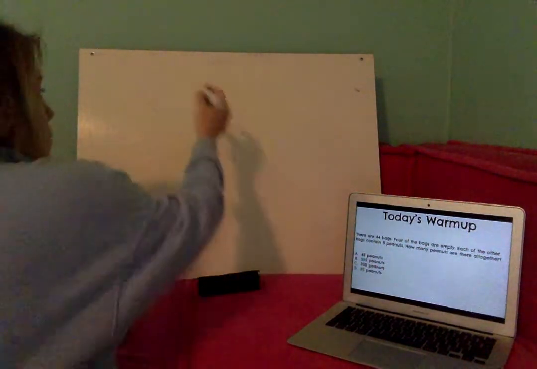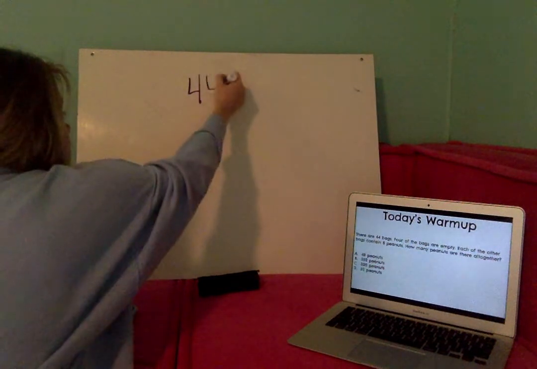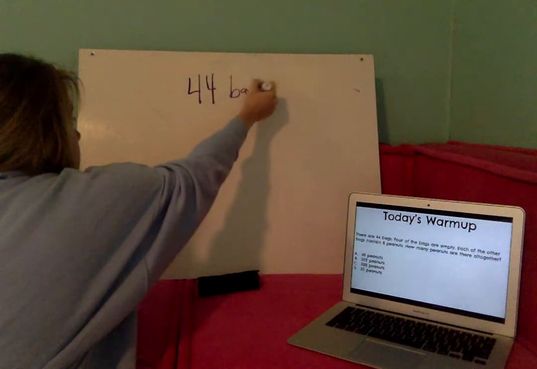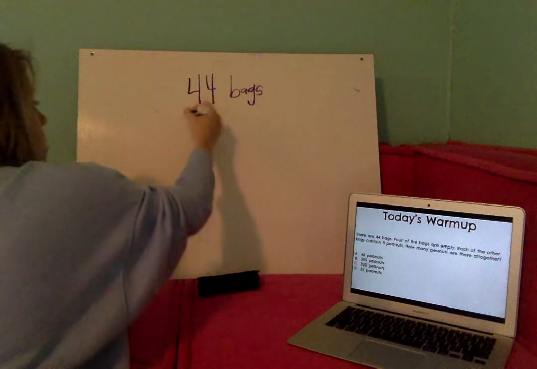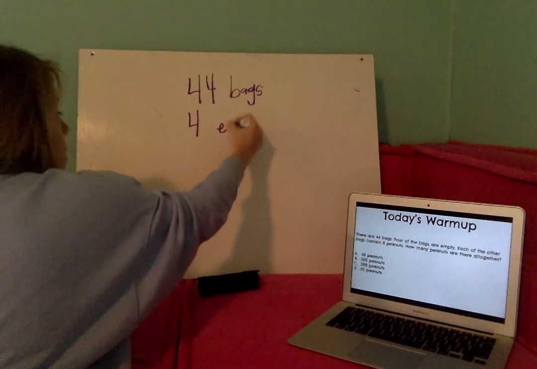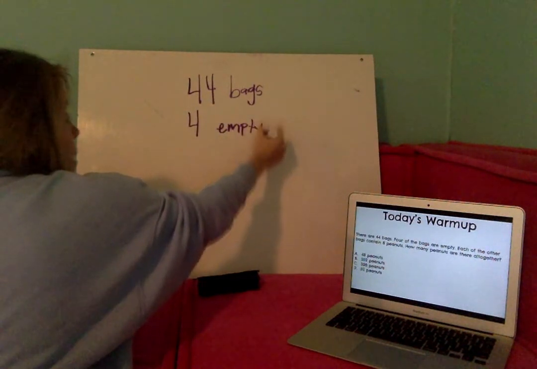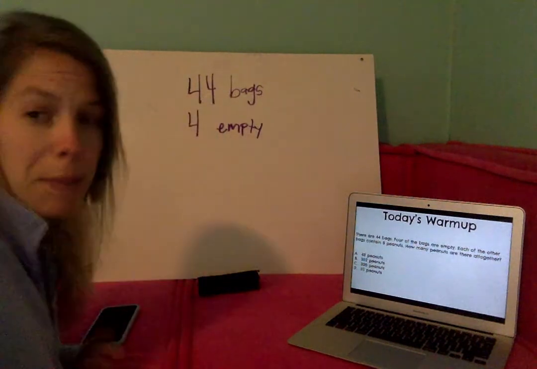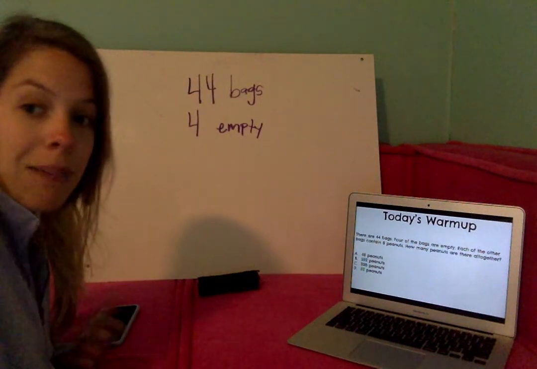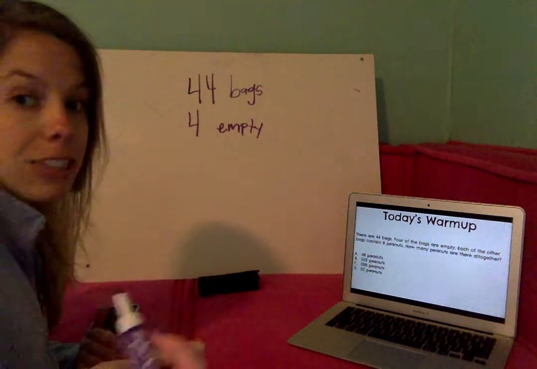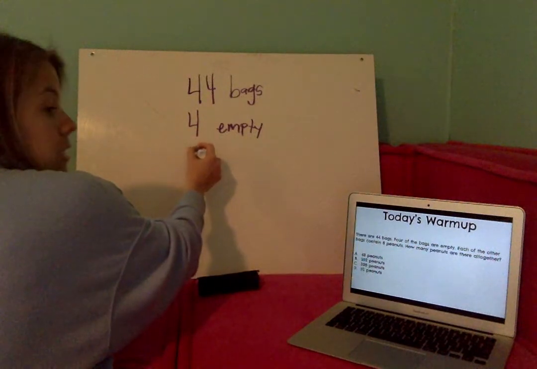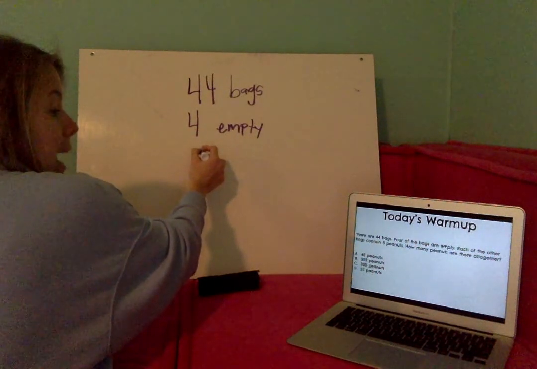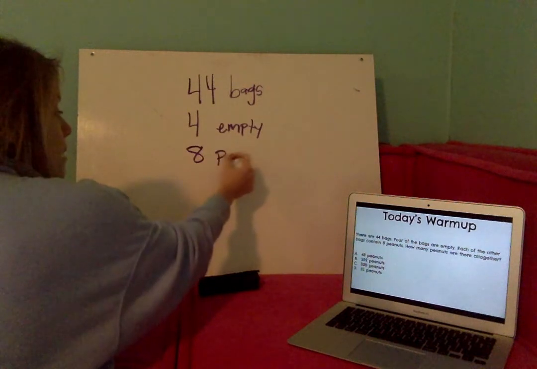So the first step is we have 44 bags. That's what we know. We also know that 4 of them are empty. That means that out of 44 bags, 4 of them have nothing in it, so we're not going to count those. And then in each, we're going to see that each bag has 8 peanuts.